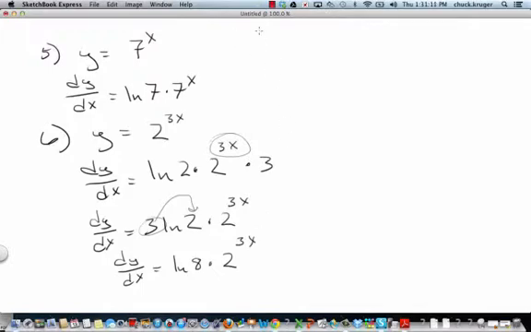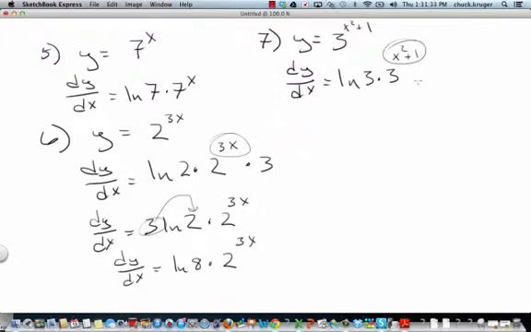Number 7, again I'm going to take y is equal to 3 to the x squared plus 1. So that means dy/dx is equal to the natural log of 3 times 3 to the x squared plus 1 times the chain of that, which is 2x.